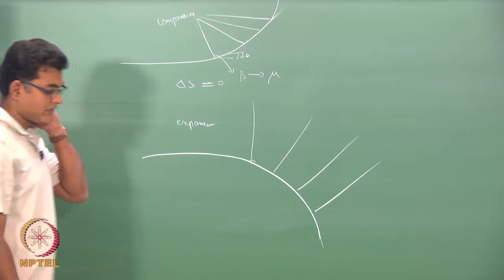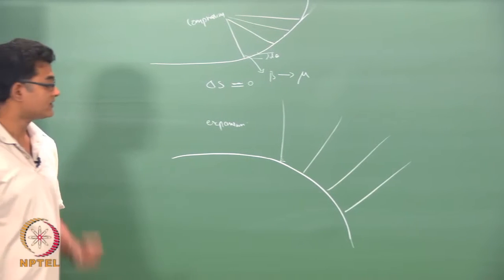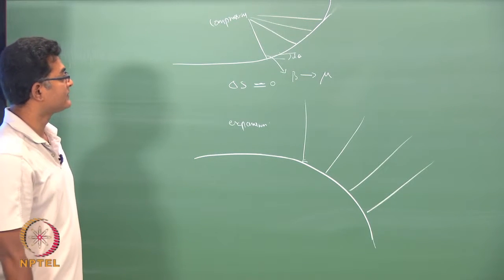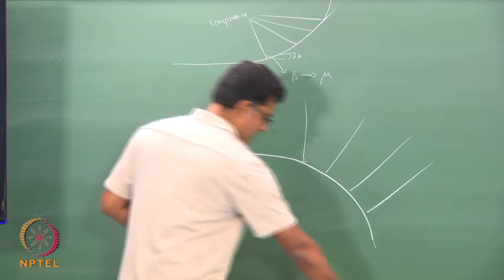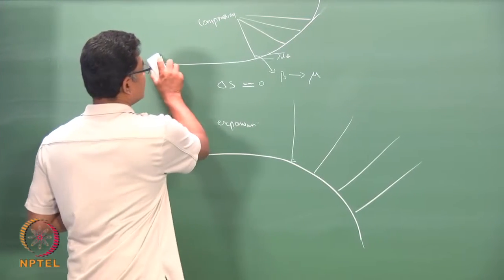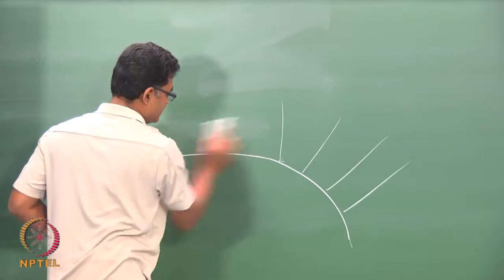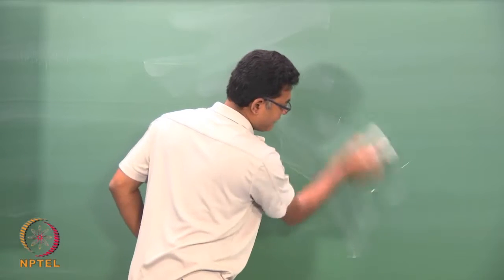So we will start by drawing the velocity diagram and see what exactly is happening in these two cases. Instead of drawing these things, we will draw a small turn with one wave.